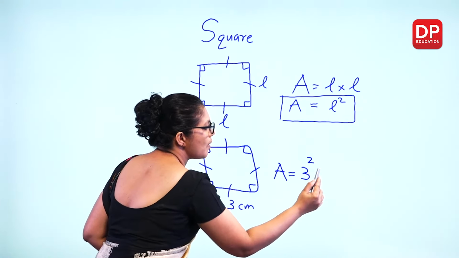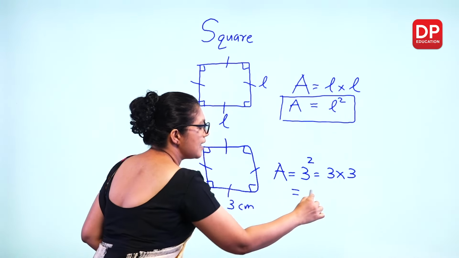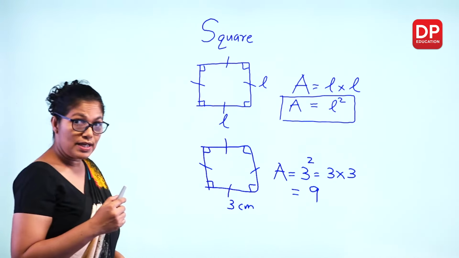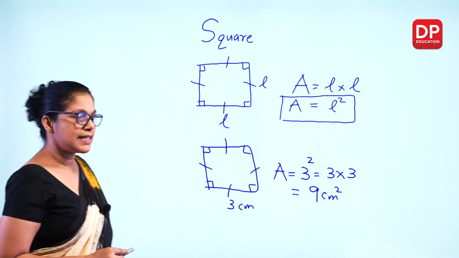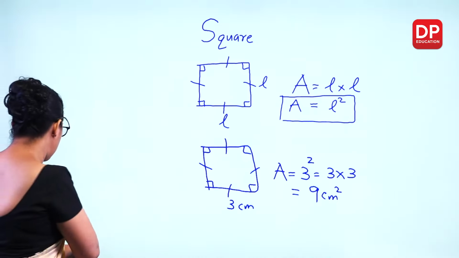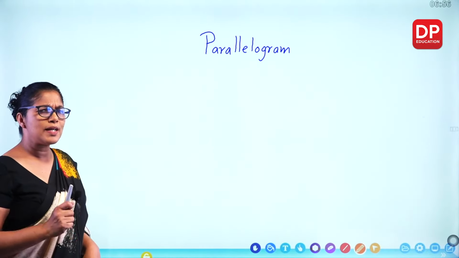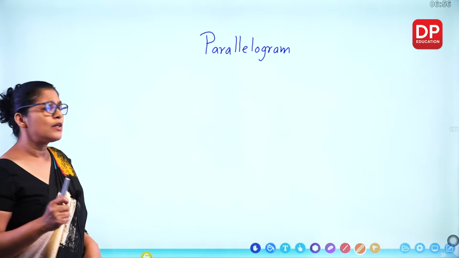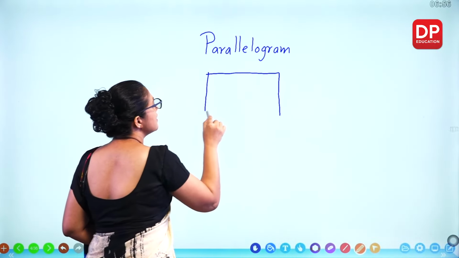What is 3 times 3? 9. What's the unit here? Square centimeters. Now we'll look at the third shape that we need to find the area of. Parallelogram. So what is a parallelogram? Before that we'll take a rectangle.